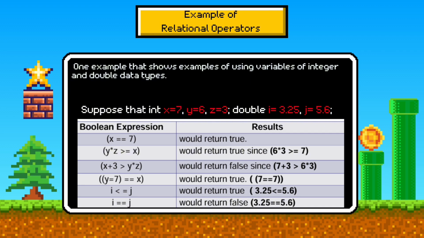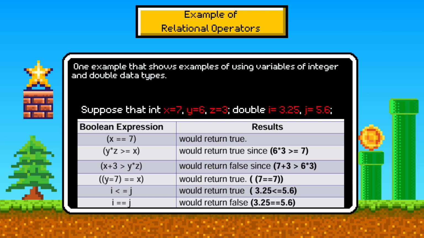If y multiplied by z is greater than or equal to x, it would return true, since 6 multiplied by 3 is greater than 7. Next is x plus 3 greater than y multiplied by z, which would return false, since 7 plus 3 is not greater than 6 multiplied by 3. Next, y equal to 7 and equal to x would return true, if 7 equals 7.